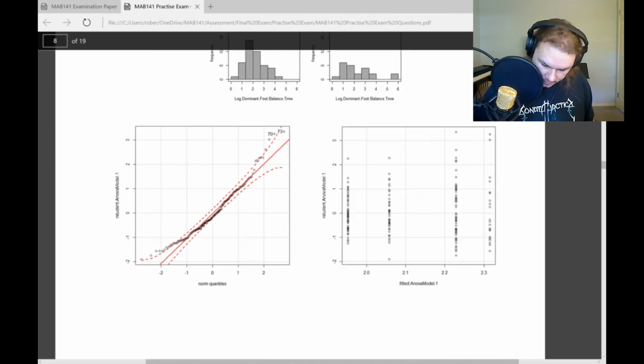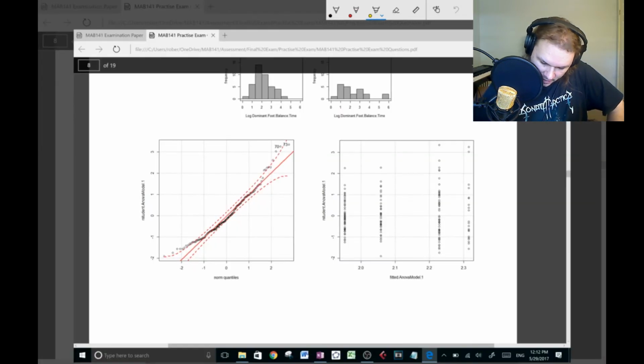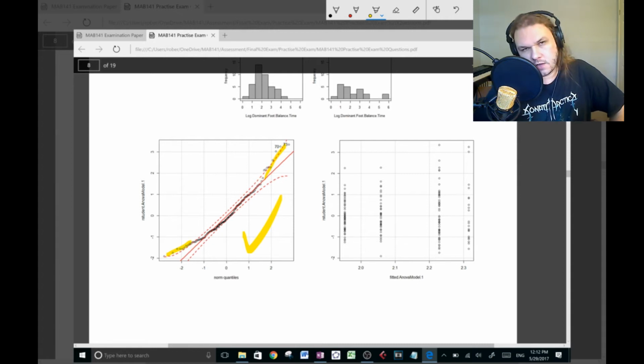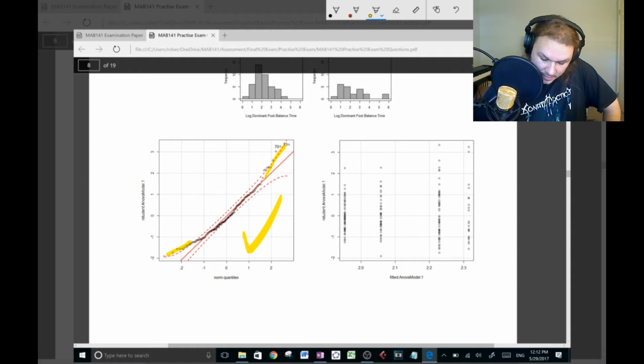So let's jump down. Well, to my surprise, it's actually kind of okay. Got some values here which are a little bit high, some values here which are a little bit low. I personally would say that this is fine by me, this normality of residuals. If we're going to go with this ANOVA, you could say towards the end you might be a little worried that some of the data looked a bit skewed to the right, but the normality plot didn't seem to indicate this.